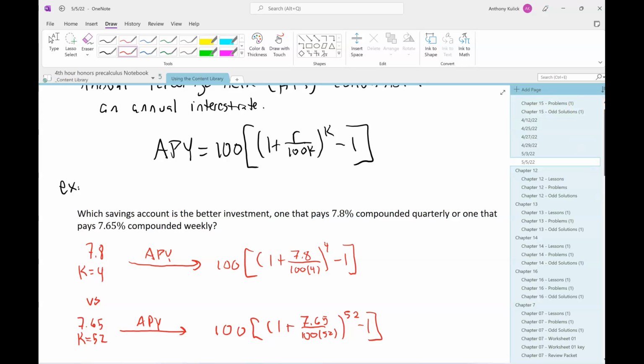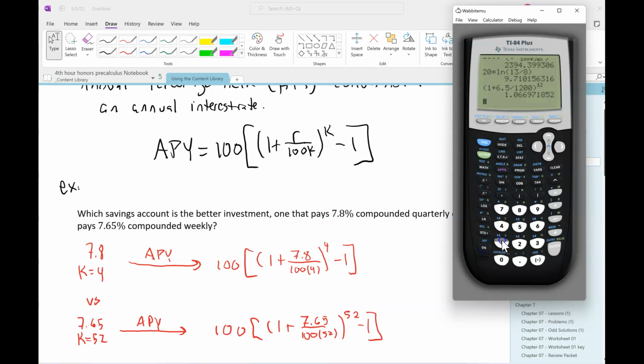So I'm just going to write them both down straight away, and then we'll type them both into the calculator at the same time. And I'm going to use the fraction command here and write this out. Instead of writing like 400, I'm going to write 100 times 4, mostly so that I can go back and use the same thing I typed in.